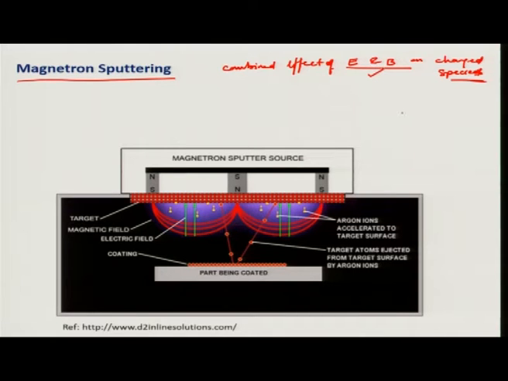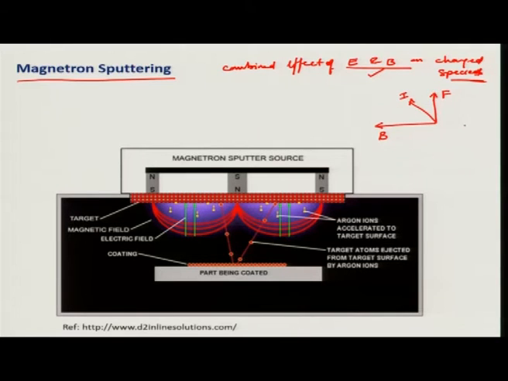We all know that if a charged species is moving in a magnetic field, there is a force on it, right? If my magnetic field is in this direction and current I is in this direction, then the force would be in this direction.